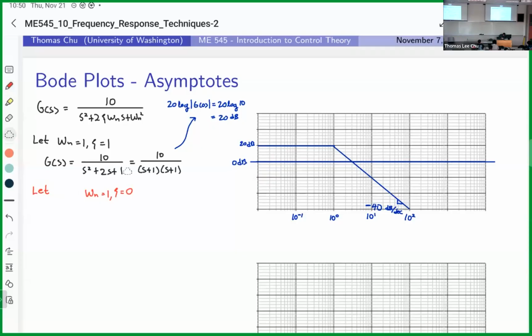Then we get a purely oscillating system where G(s) is equal to 10 over s squared plus 1, which is equal to 10 over (s plus j)(s minus j).